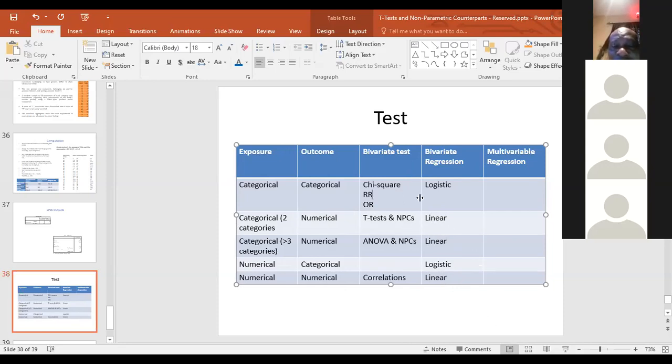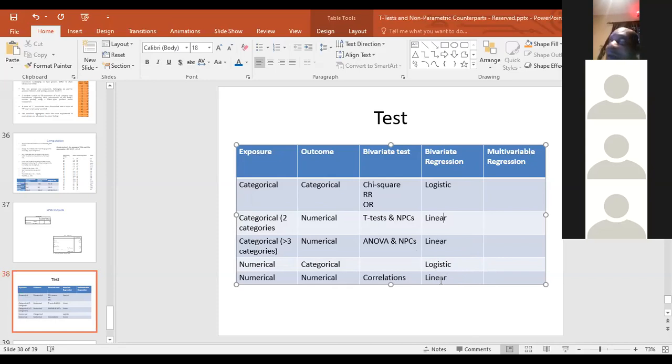When your outcome variable is categorical, it is logistic. When your outcome variable is numerical, it is linear. Are we together?